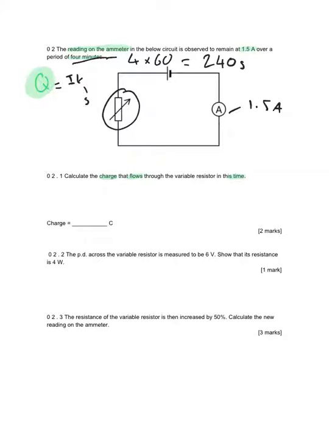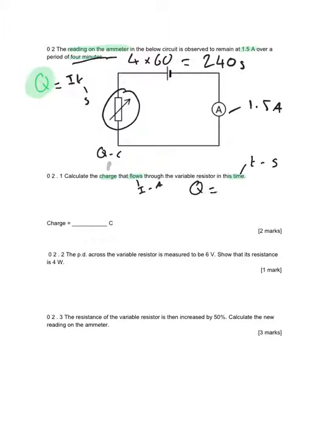So if I'd not made the connection yet, I know that I need to be working with charge, so Q, measured in coulombs, the word flow suggests current measured in amps, and time, T, measured in seconds. So I need my formula for that.